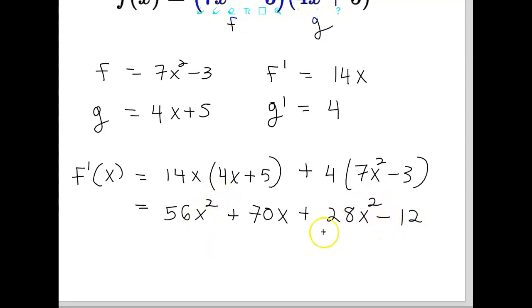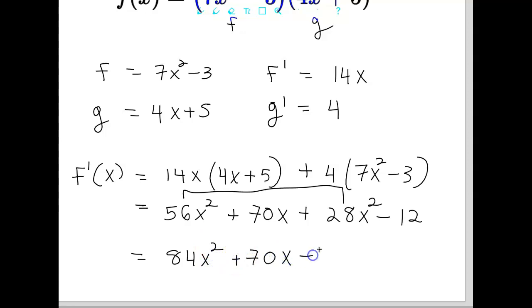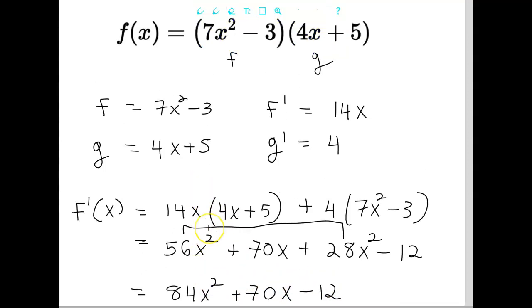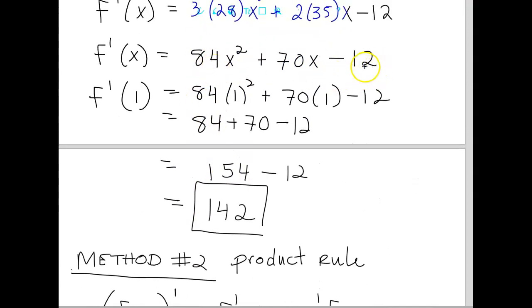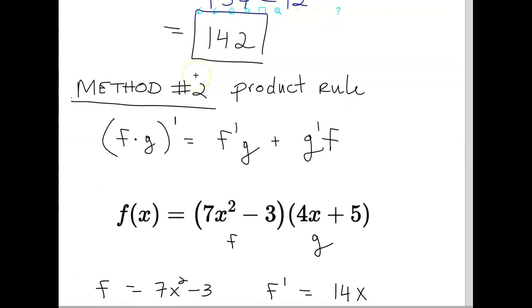Now combine the like terms, which are just these two terms, 28 and 56, so that gives us 84x squared plus 70x minus 12, which, if you recall, is the same exact derivative we got to begin with.